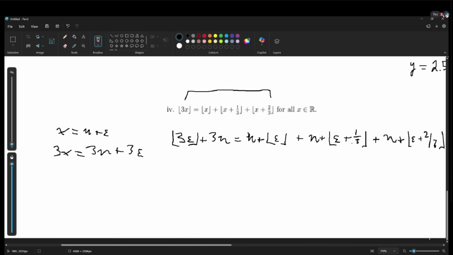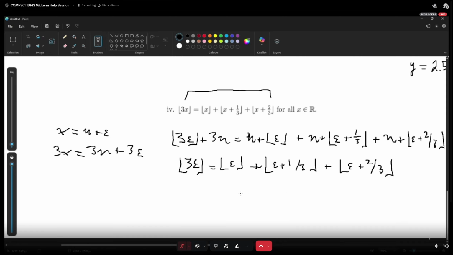Okay, so you can get rid of the n's on either side. So it really ends up reducing to floor of 3 epsilon equals floor of epsilon, plus floor of epsilon plus 1/3, plus floor of epsilon plus 2/3.